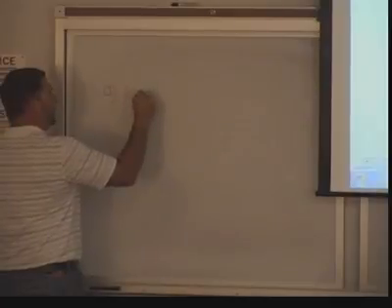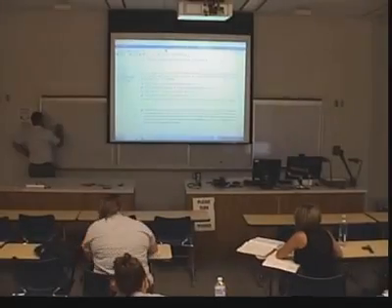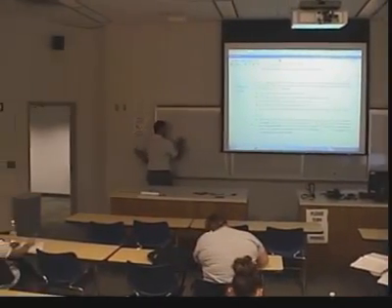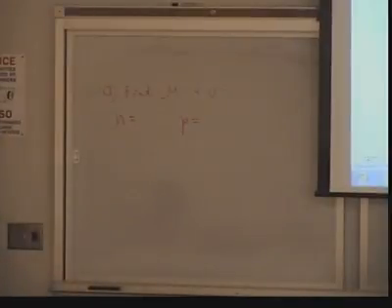So for part A, it says find mu and sigma. All right? For this experiment, I need to know N and I need to know P. How many trials are we conducting? What's the probability of success in the trial?